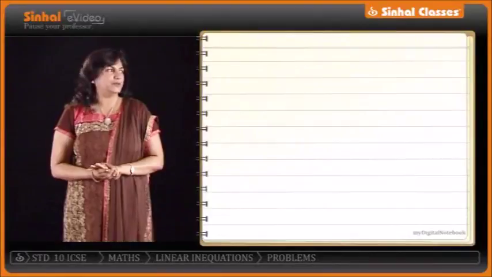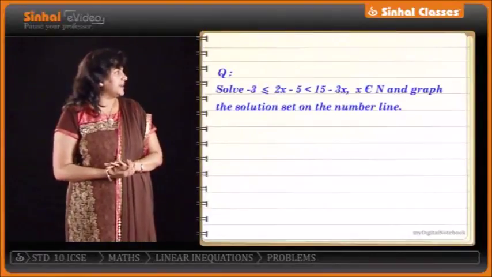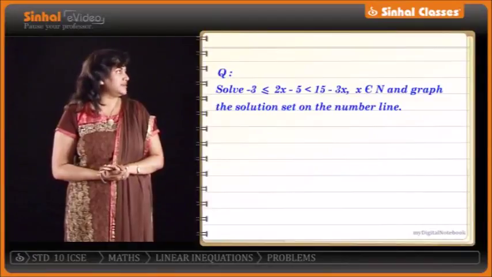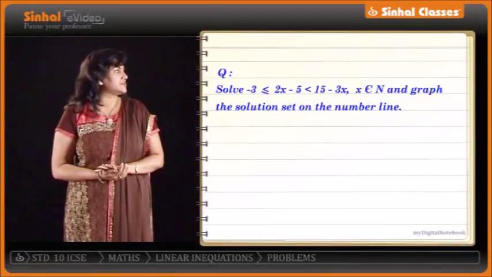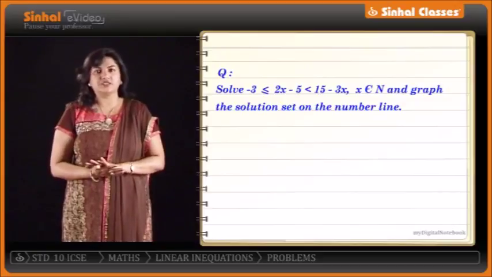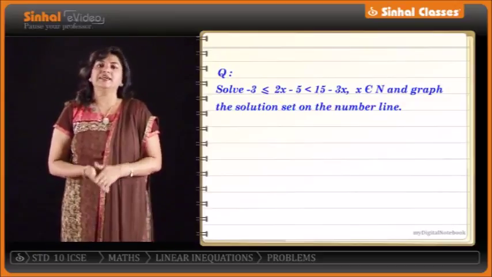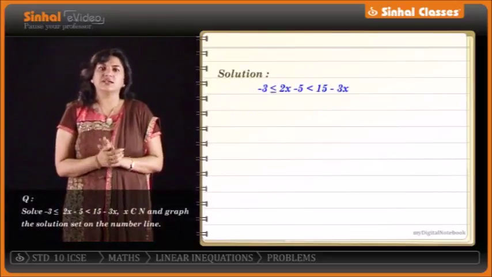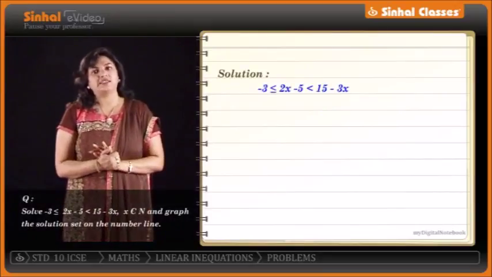Now to the next problem. Solve minus 3 less than equal to 2x minus 5 less than 15 minus 3x, x belongs to N, and graph the solution set on the number line. Here again we have two signs of inequalities, so we'll separate them and solve as two inequations.